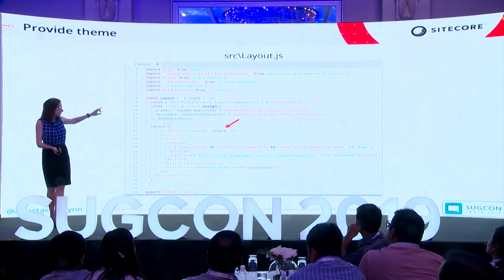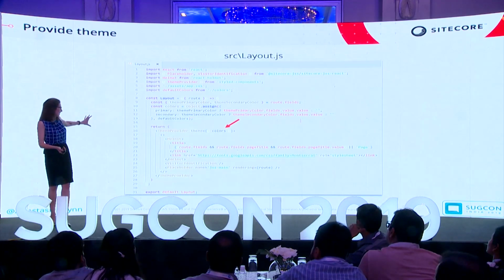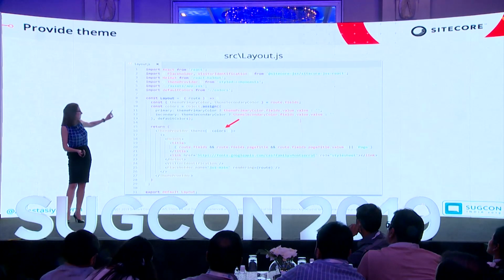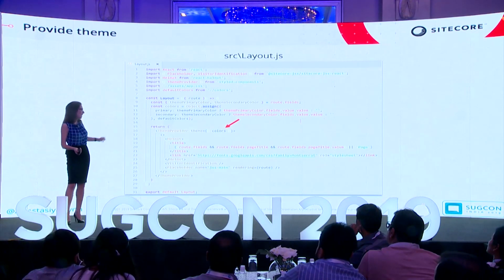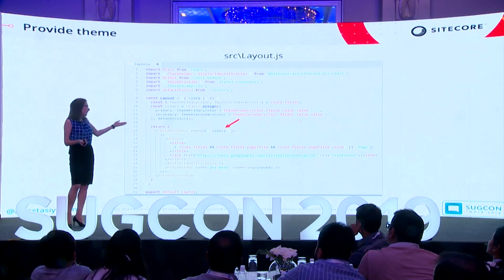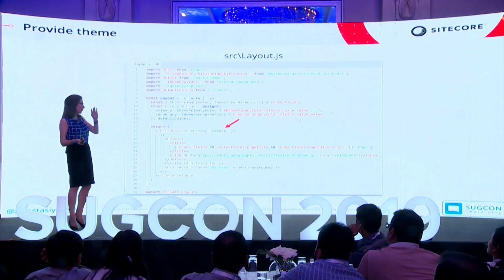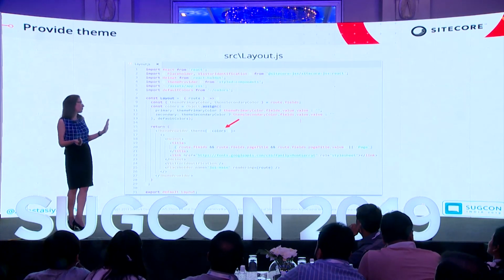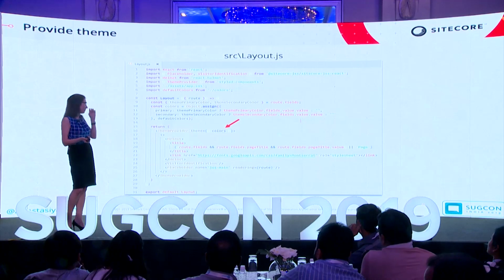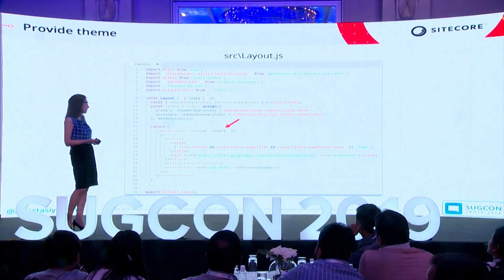So there's the fields coming in and then I'm passing them in and they're on my layout, so they're wrapping everything. And I just have colors here, but there's so many more options. The documentation goes through everything.